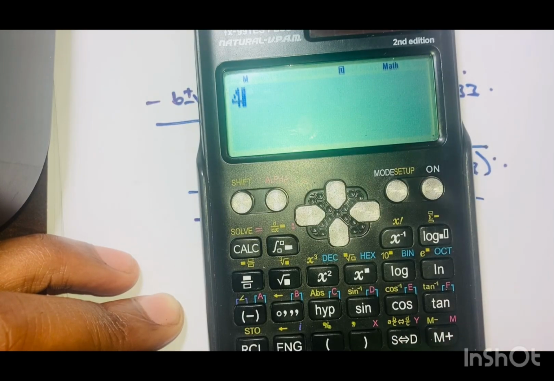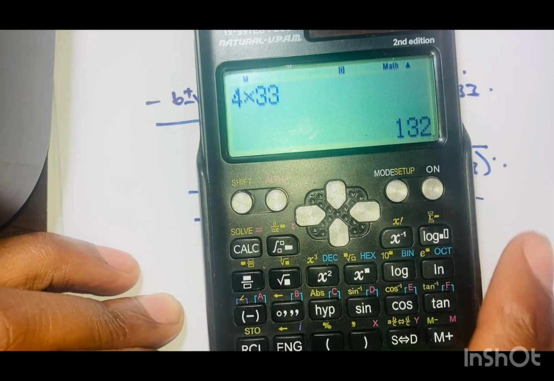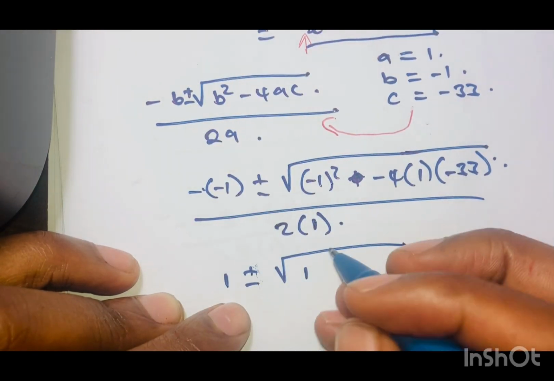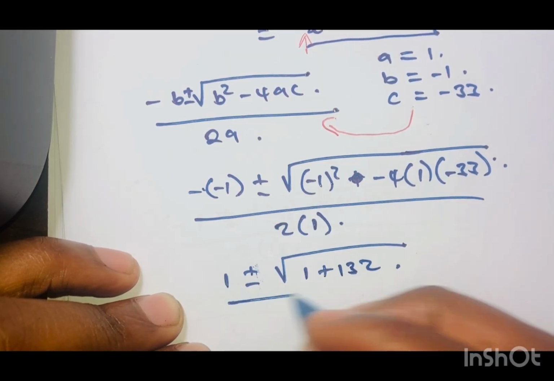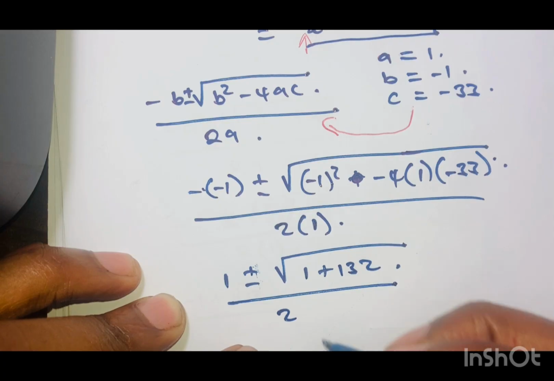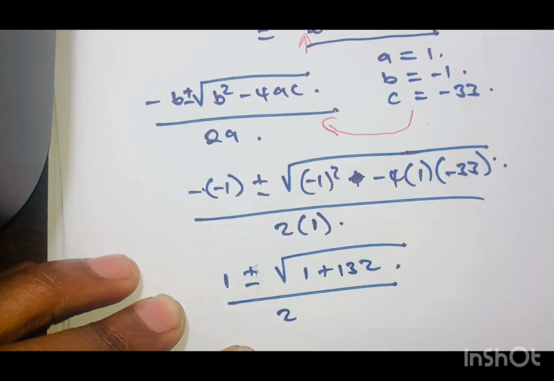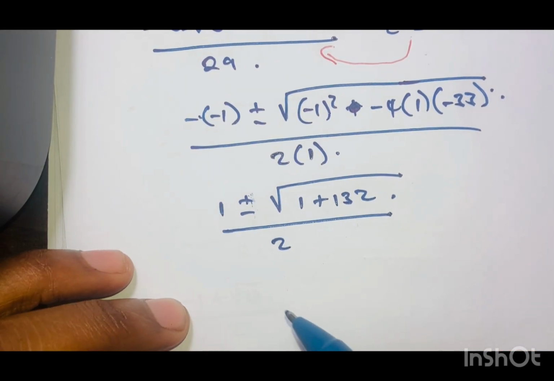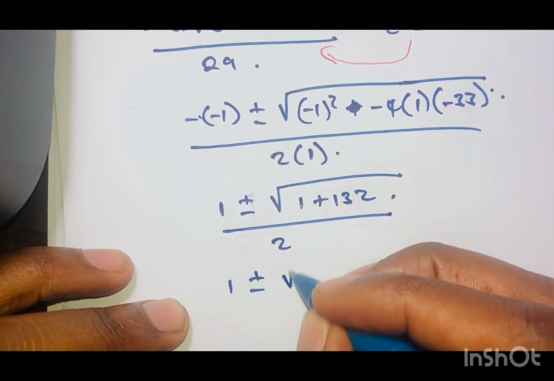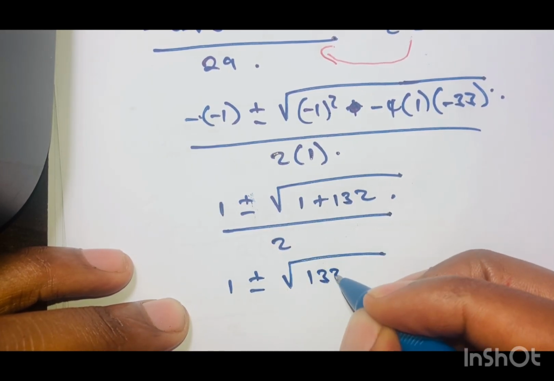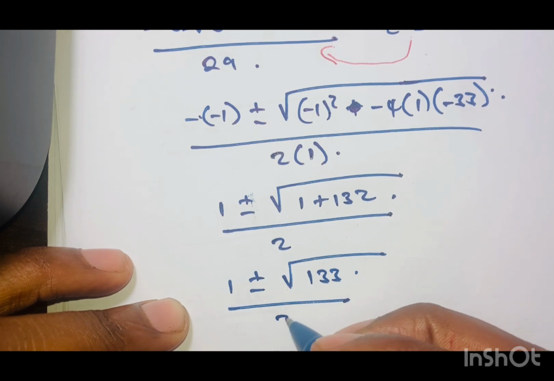So 4 times 33, I'll get 132. So I'll say plus 132. So this over 2, 2 times 1 is equal to 2. So I'm going to have 1 plus or minus the square root of 133 all over 2.